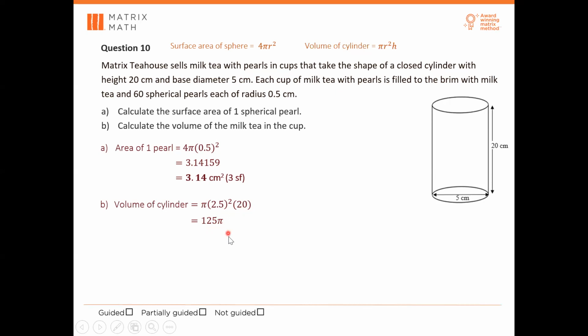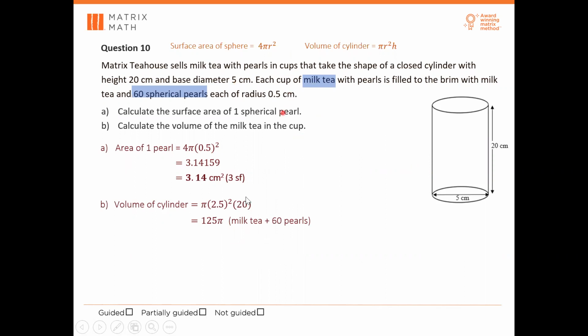As I was saying just now, the volume of the whole cylinder is made up of the milk tea and the 60 pearls. So basically, this 125 pi is the same as the milk tea with the 60 pearls. And of course, I can go on to find the volume of the 60 pearls because I have the radius.